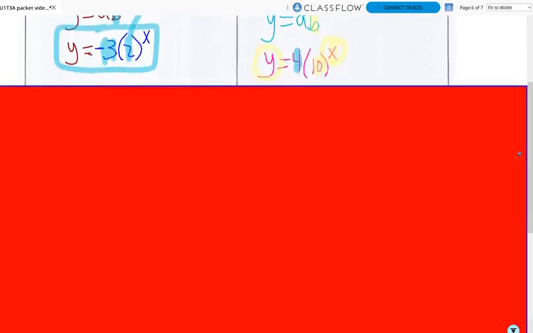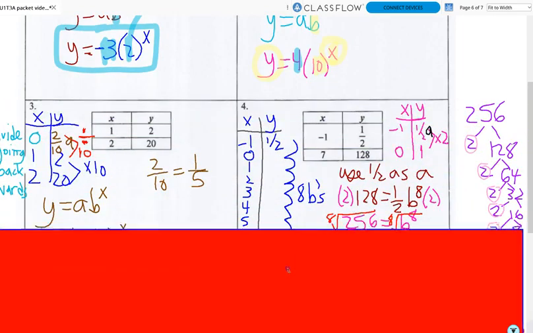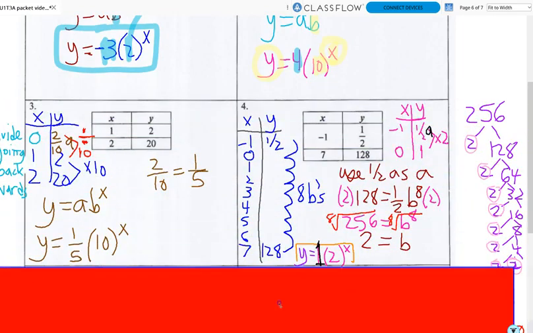Number 3 and 4 are a little more complicated. For this one, we're going to have to use a technique like we used on page 18, where we are given points and we are not given the A value.